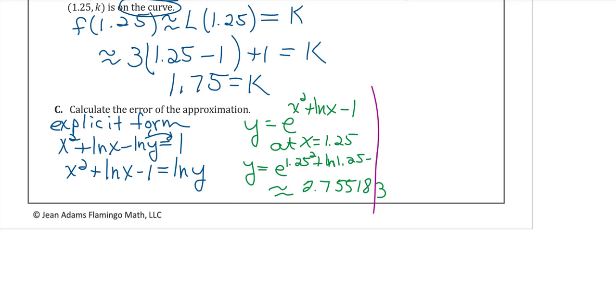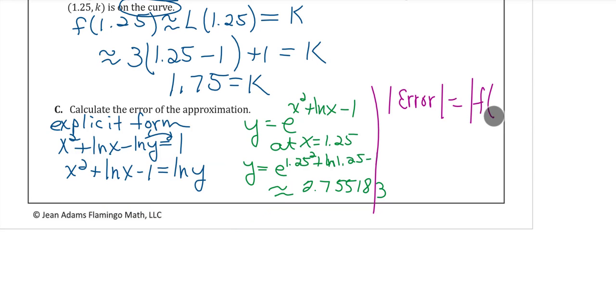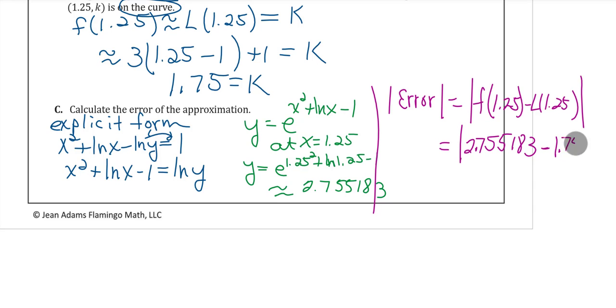Our error is going to be the absolute value of f of 1.25 minus L of 1.25. And when we do that, we get the absolute value of 2.755183 minus our answer from the last part, which was 1.75.